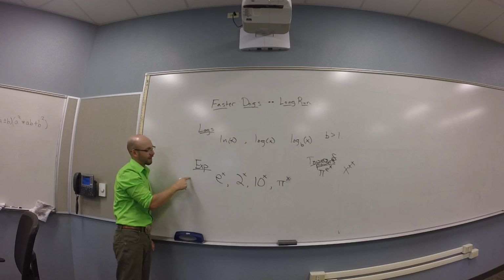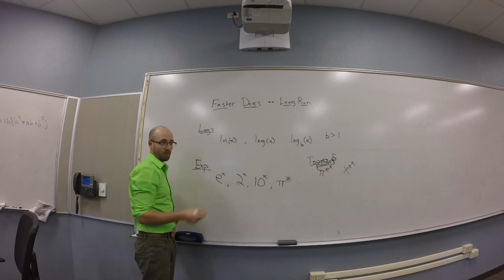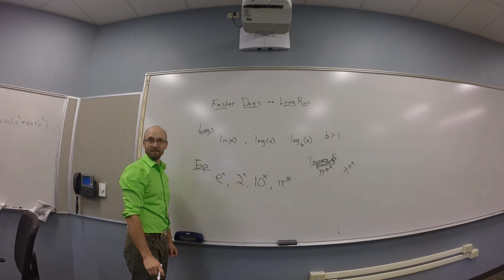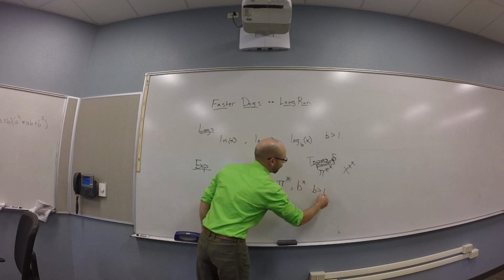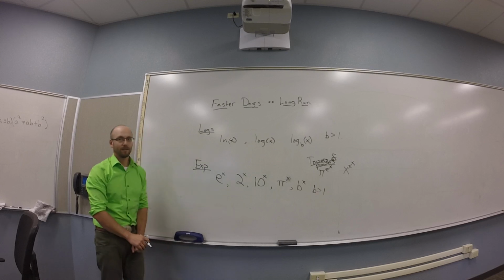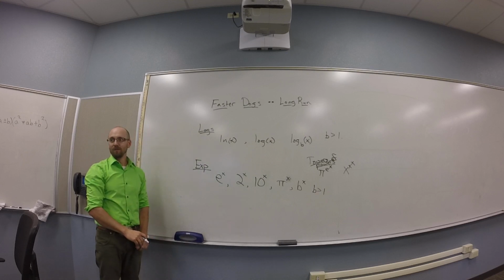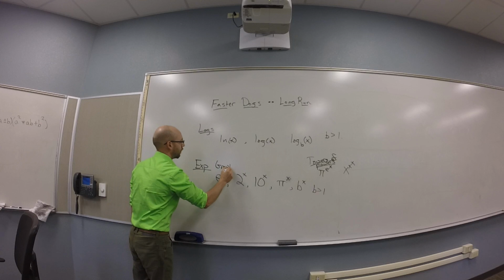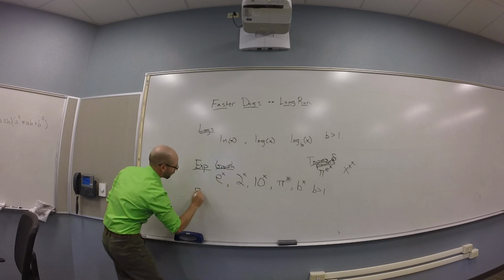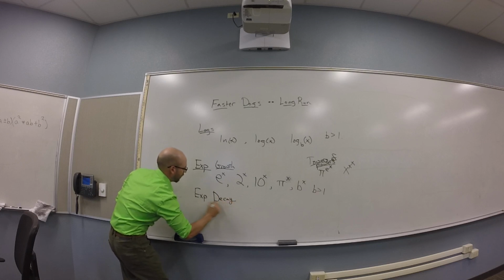We have logs, we have exponential functions. I'm going to assume that the base on these is bigger than 1. So it's going to be like b to the x, for b also bigger than 1. That goes with the 1 for logs. Right? Cool with that? So these are really exponential growth functions. What's an exponential decay function look like? With a negative exponent?